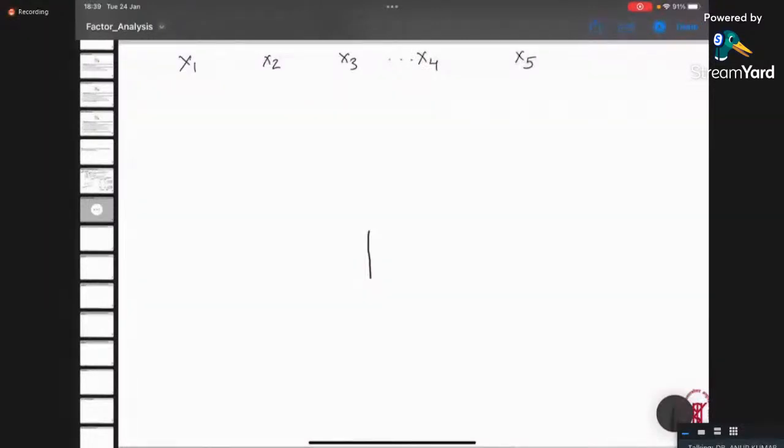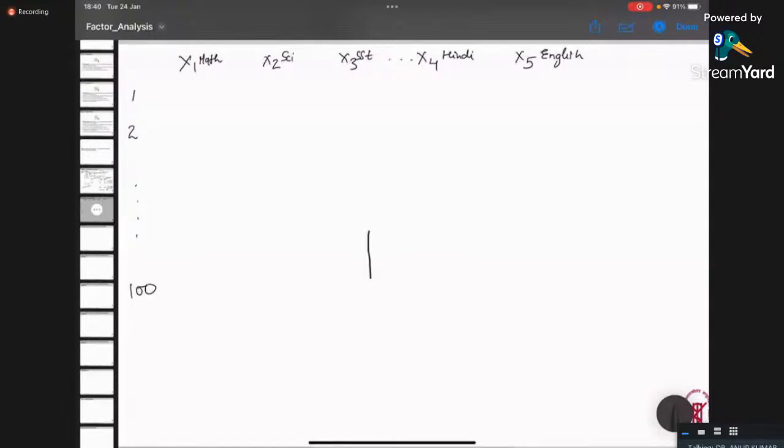There are again 100 students, and x1 is the marks of math, science, social studies, Hindi, and English. These are the marks of these 100 students.